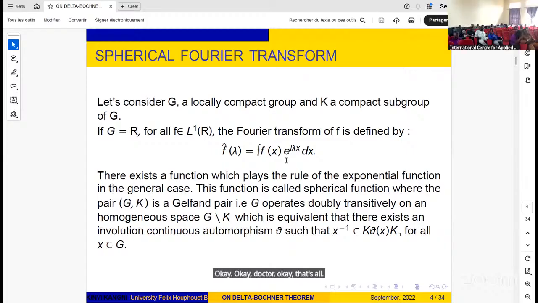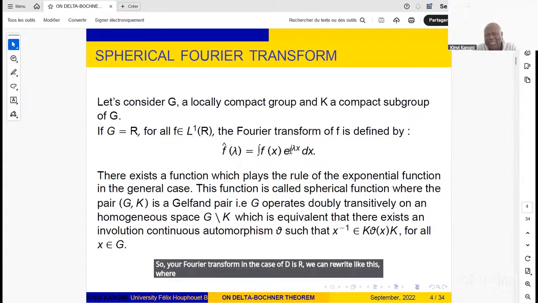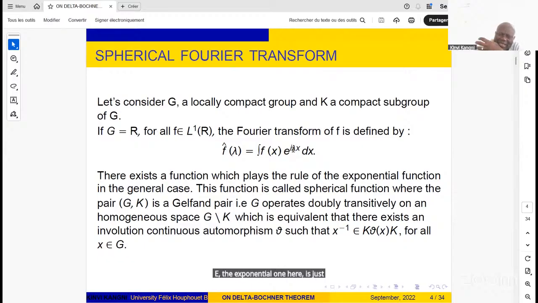Okay. Your Fourier transform in the case where G is R, you can rewrite like this, where the exponential here is just a character of your representation when G is R, which is a one-dimensional representation of R. When you are not in R, let us consider G, a locally compact group, which is not necessarily R, and you pick in this group K, a compact subgroup.